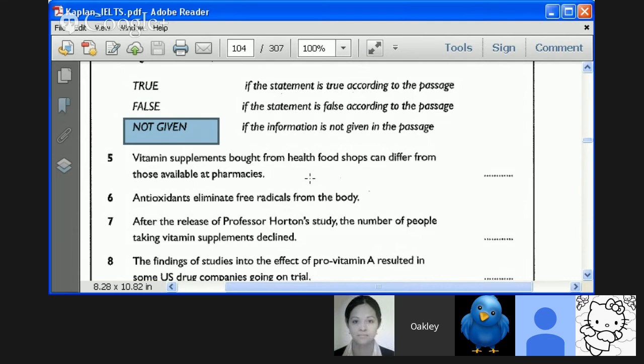The information is not given if they're different or not, but on the other hand, it does say that in both of them, meaning health food shops and pharmacies, you find a wide variety and many different ones.